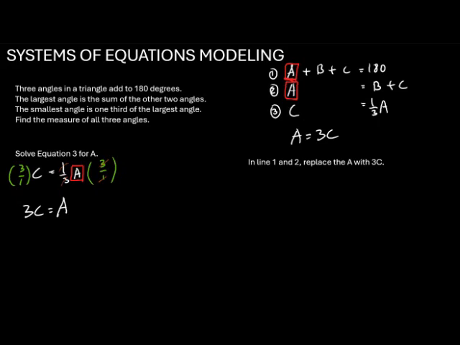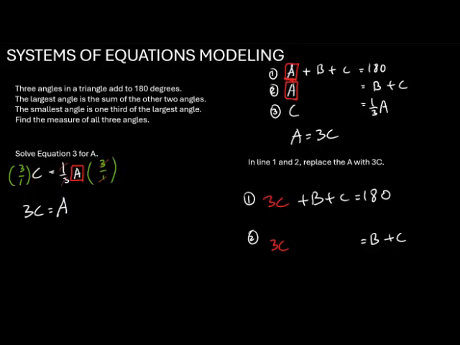Rather than saying A, we'll say 3C plus B plus C equals 180. Our line 2 will change as well. Rather than A equals B plus C, we now say 3C equals B plus C. This will be our new line 1 and 2.